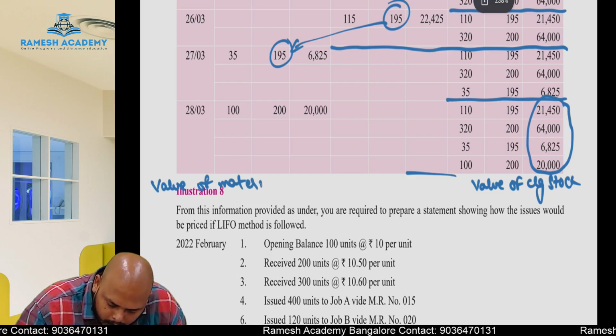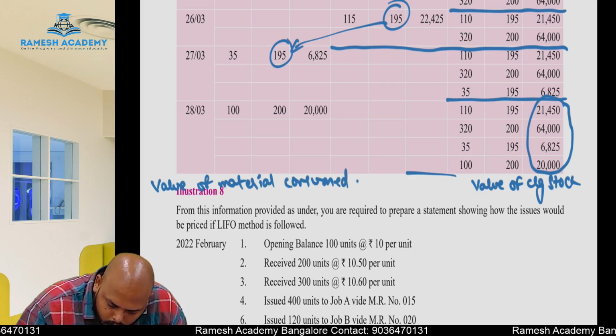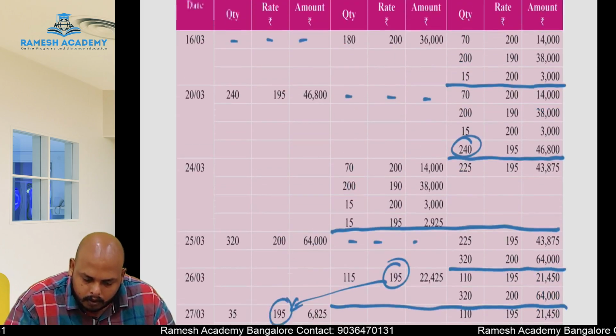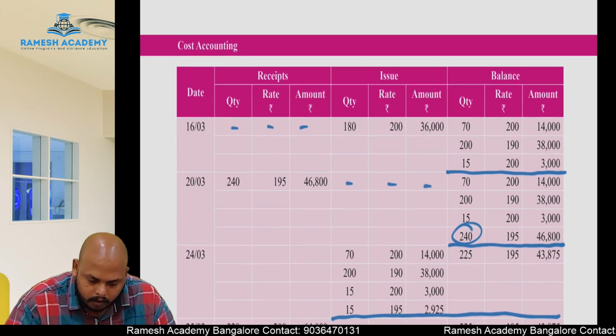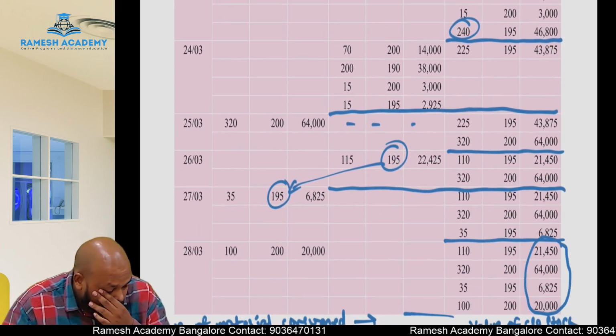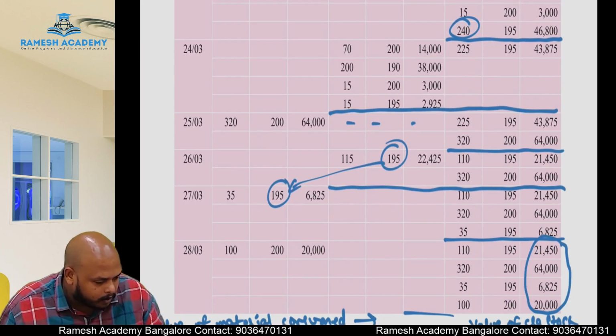Value of material consumed. Just you need to add, Nana, all these things. Issues you need to add. Issues how much is there, Nana? Let us add all those things.